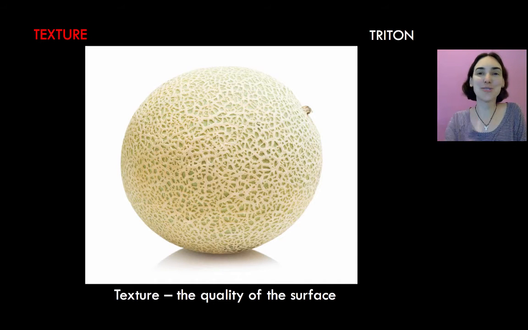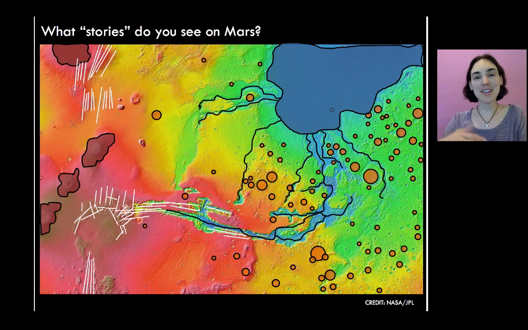And texture, of course, has much to teach us about the geologic activity that's present in the histories and current evolution of these planets. So look at this picture. What stories do you see? This is a picture of Mars. You see craters, and indeed the density of craters is a good indication of how old the surface is.